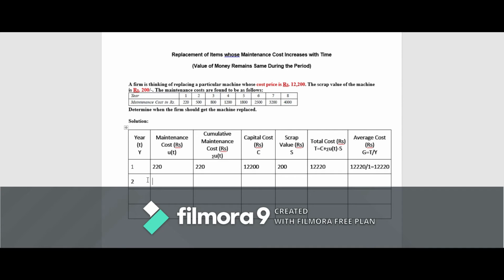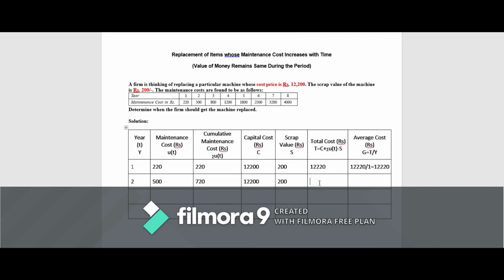For the second year the maintenance cost is 500 rupees, and the cumulative maintenance cost will be this 500 plus this 220, so totally 720 rupees. As we know that the capital cost is constant and the scrap value is also constant, the total cost is the addition of these two values, and from these we subtract the scrap value.